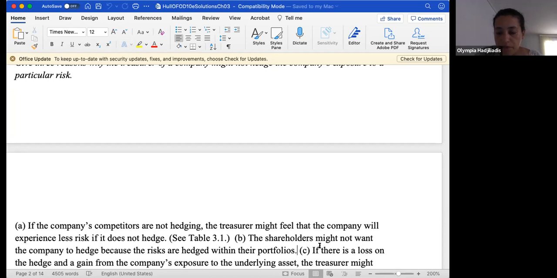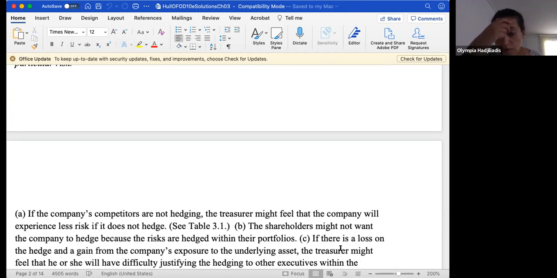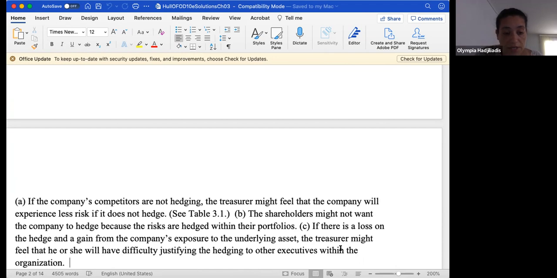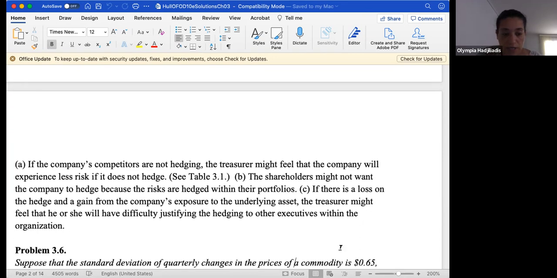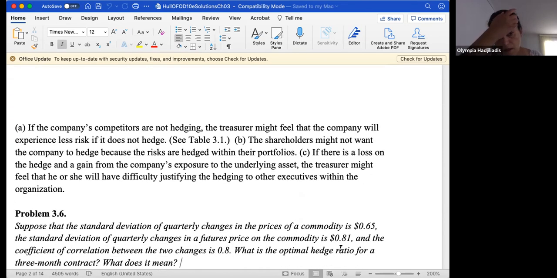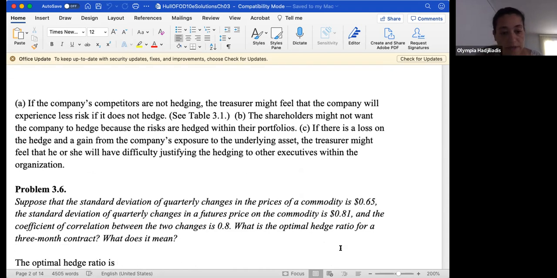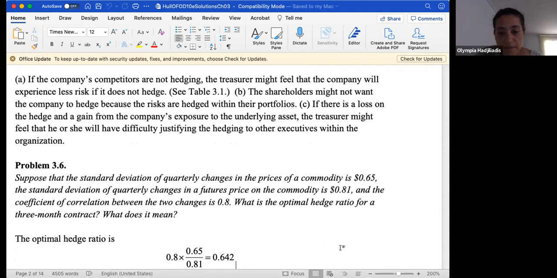The third reason is that if there is a loss on the hedge and the gain from the company's exposure to the underlying asset, the treasurer might feel that he or she will have difficulty justifying the hedging to other executives within the organization.